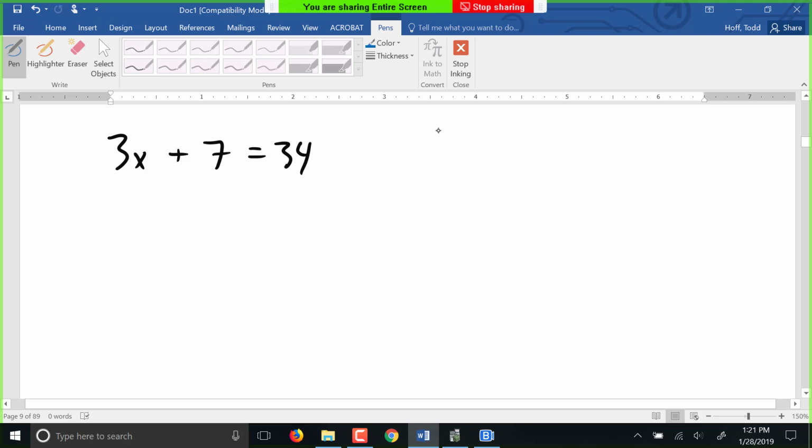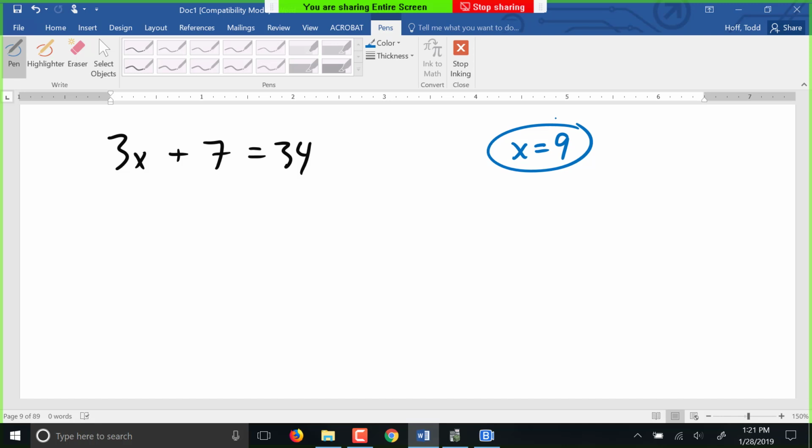Now, if we were to solve that equation, we would get x equals 9. I'm going to trust that you guys can solve that equation to verify that. But what I want to do right now is something just a little bit more complicated. We said that we can add, subtract, multiply, or divide both sides of the equation by the same value.